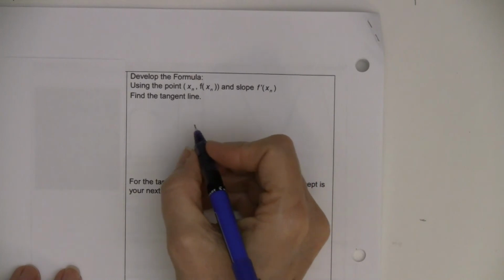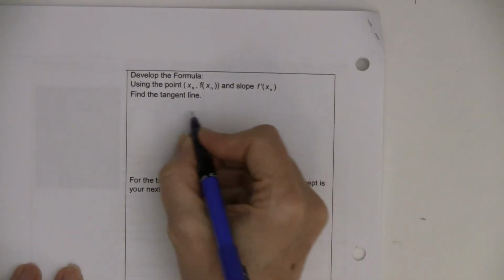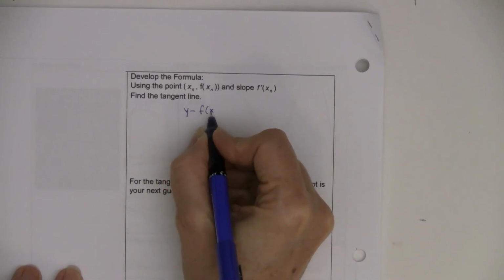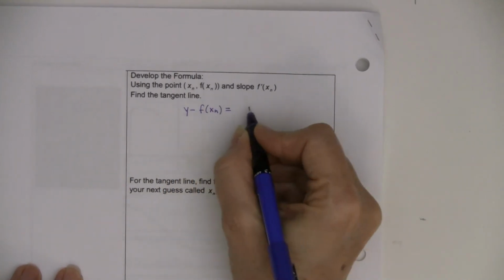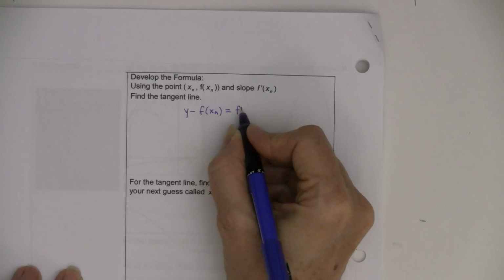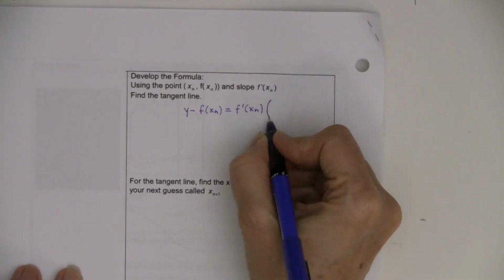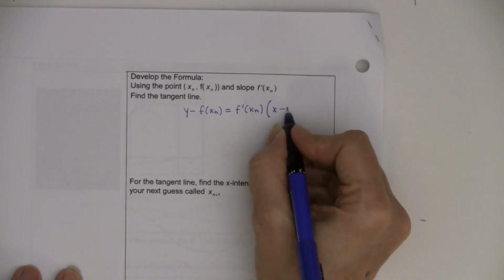Anyway, if I wanted to develop the formula, it's just the tangent line. So the tangent line is y minus f at xn equals the slope f prime at xn times x minus xn.